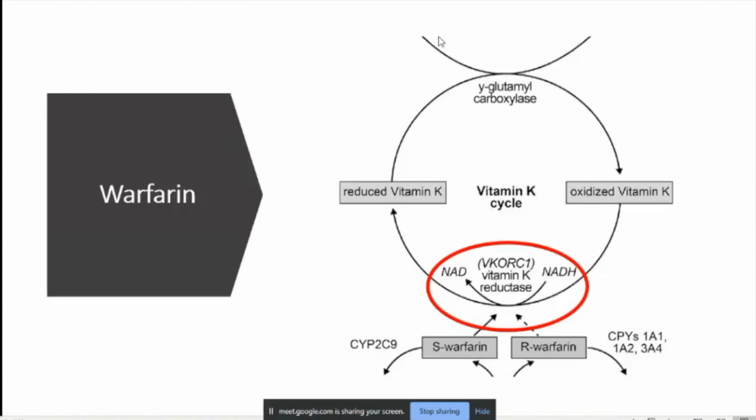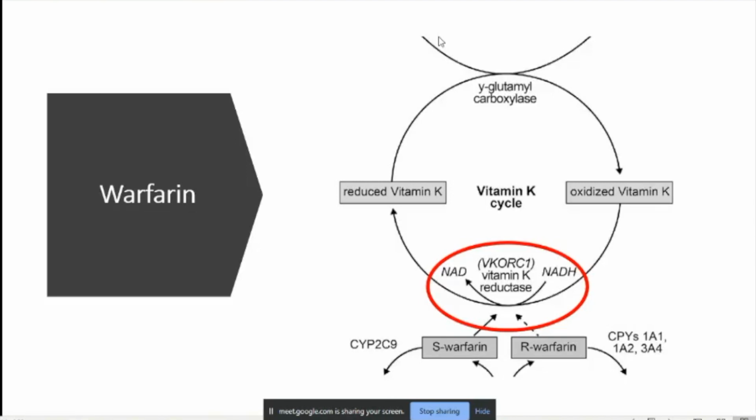What is VKOR? We know that we have the prothrombin precursor, and it has to be carboxylated to make prothrombin, right? For the carboxylation reaction, we need vitamin K. Vitamin K is responsible for the carboxylation reaction.